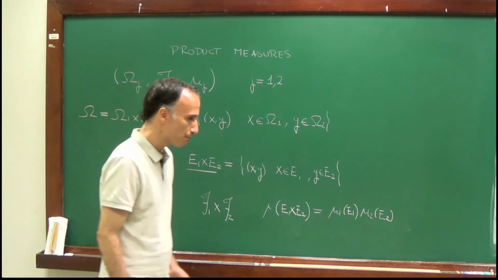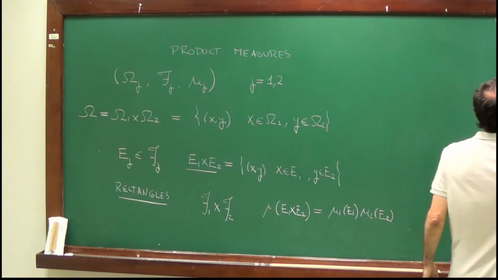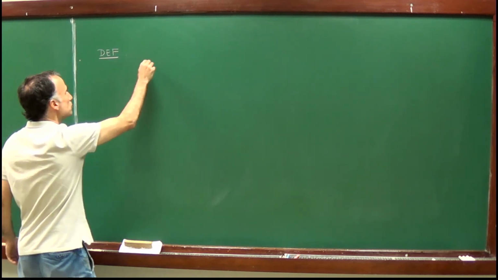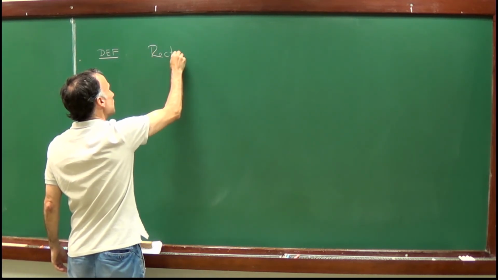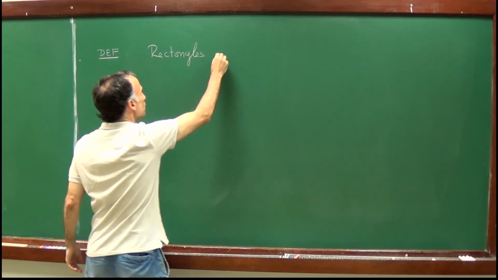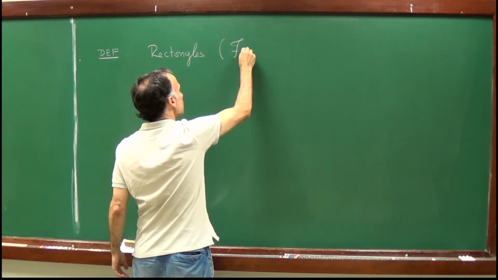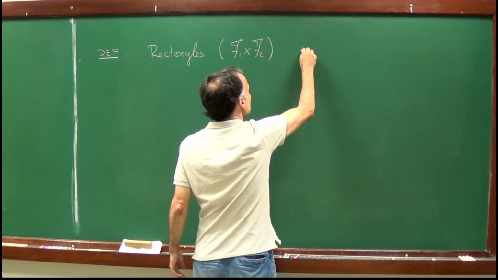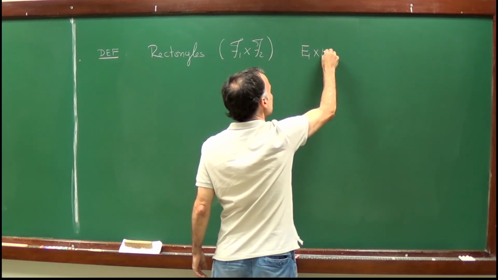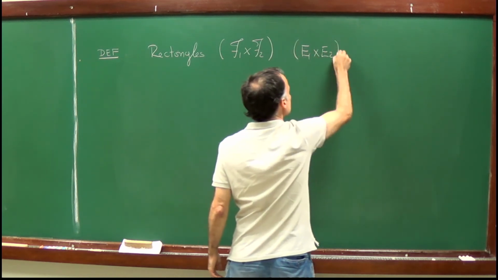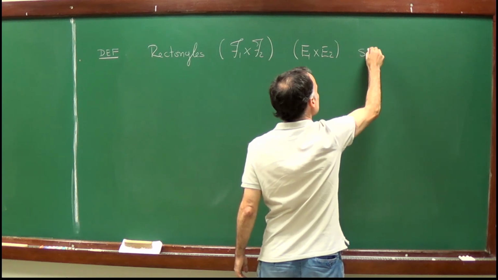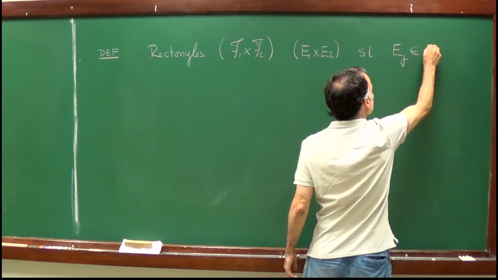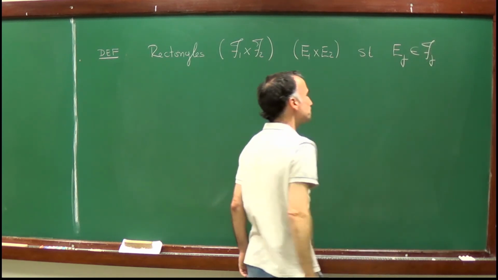So let's do that. So let me define precisely what the rectangles are. As I said, I will represent the set of rectangles by the symbol F1 times F2. These are all sets which can be written E1 times E2, so all sets written in this form such that E1 belongs to F1 and E2 belongs to F2.